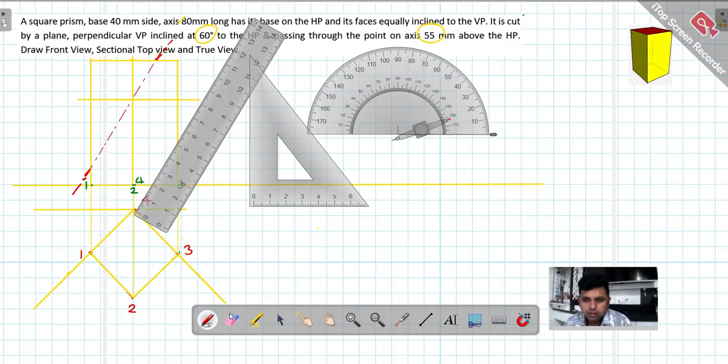Now, what I can see, it is cutting the edges of what? This edge is cut, this is nothing but the first edge cut here. Then here this point is cut, this point is nothing but the 2 and 4 edge cut, and this point is cut. We'll see what that point is.